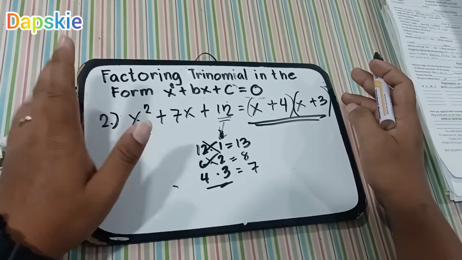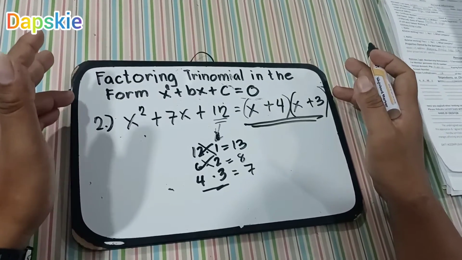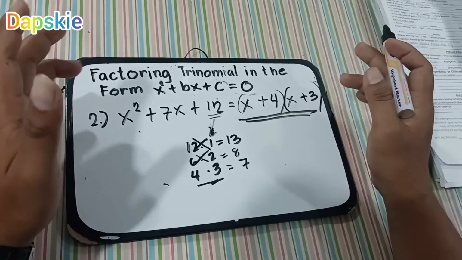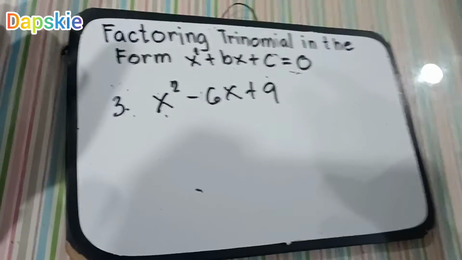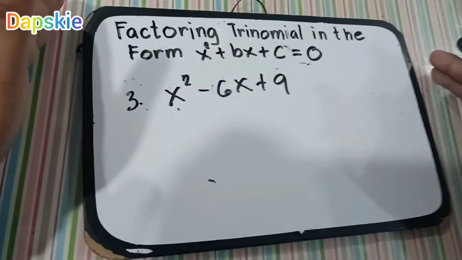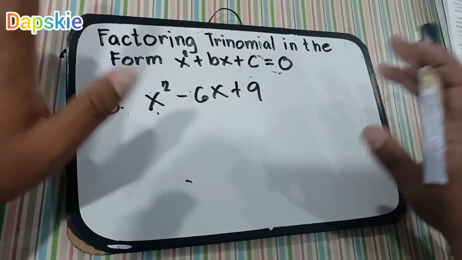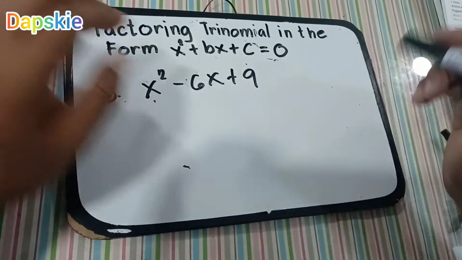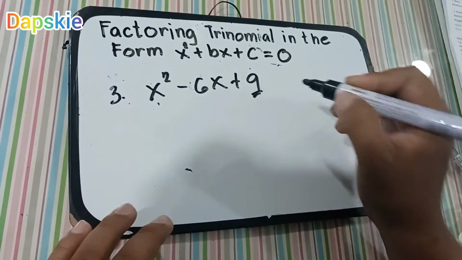Now I hope you understand factoring a trinomial in the standard form x squared plus bx plus c equals 0. Now we proceed to number 3. We have another example of a trinomial, and we do the same as before. Focus on the third term, the constant.